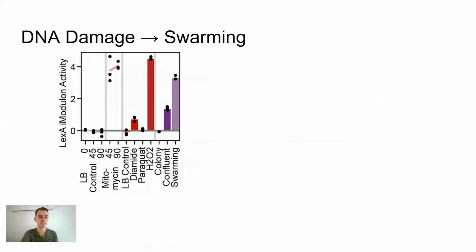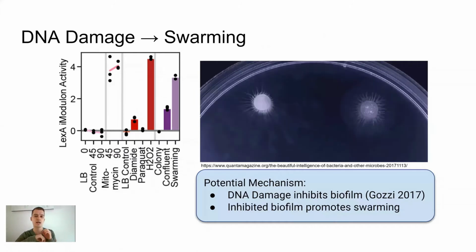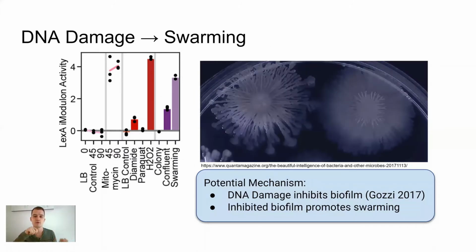First, let's turn to the DNA damage iModulon. So this one is activated by mitomycin and peroxide, which makes sense because those supplements will damage DNA. But it's also active in swarming, which is this condition where you have a colony of cells and swarming cells swim away from it.